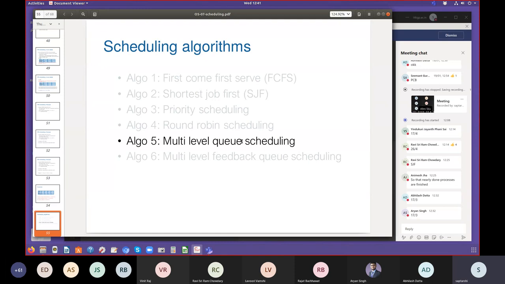Okay, we will move on to another scheduling algorithm: multi-level queue scheduling. Just from the name, does it give any intuition? Multi-level queue scheduling.